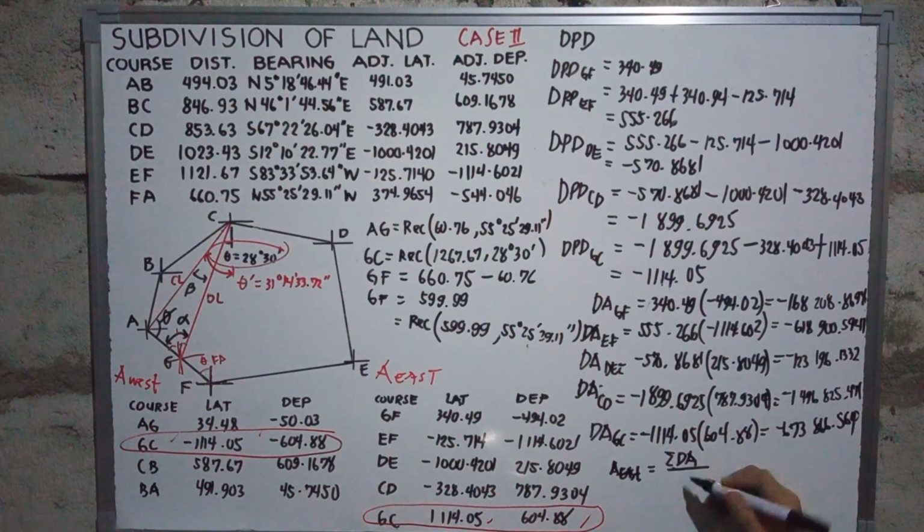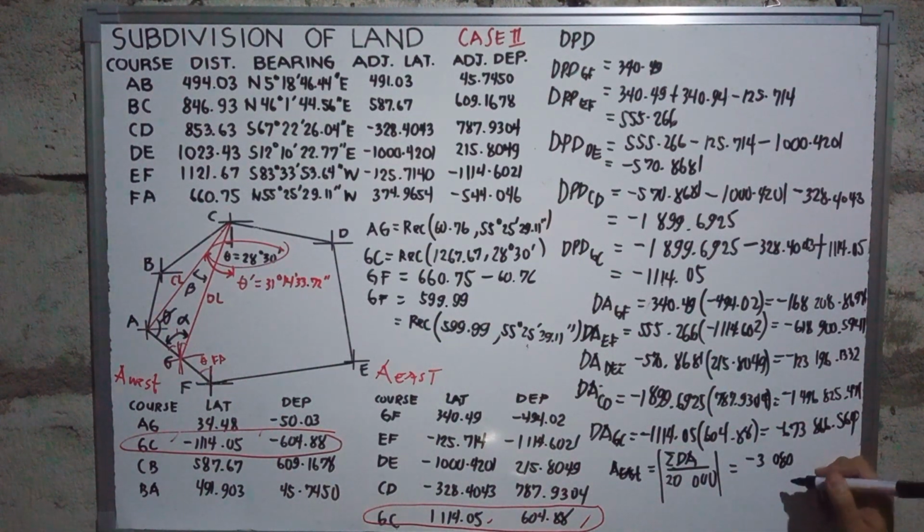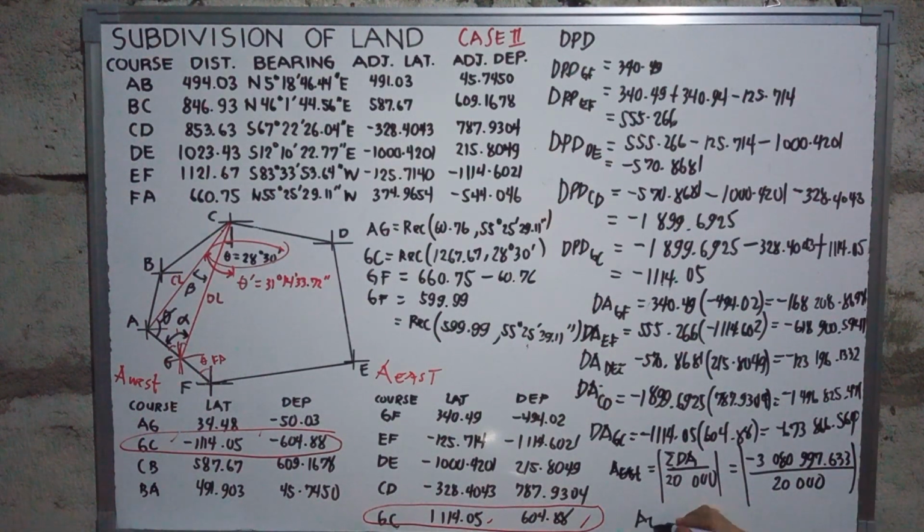So we just use 20,000, since 2 times 10,000, to fit on our board. The summation of the double areas is equal to negative 3,080,997.633. We divide it by 20,000. This is just a shortcut. So, our area is now equal to 154.05 hectares.